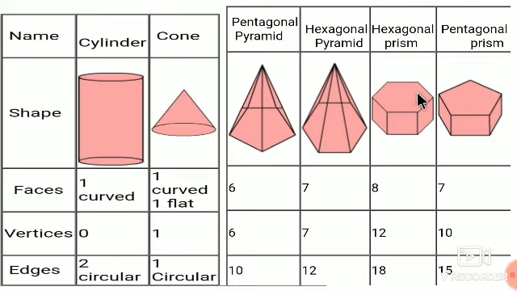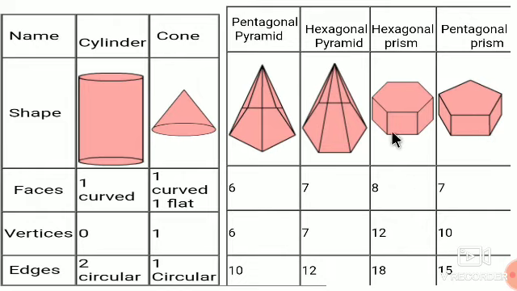Now top face and the bottom face are identical and of hexagonal shape. Correct? So this has the top face and the bottom face, and as it is hexagonal, 6 standing faces are there plus these 2, 8 faces are there.